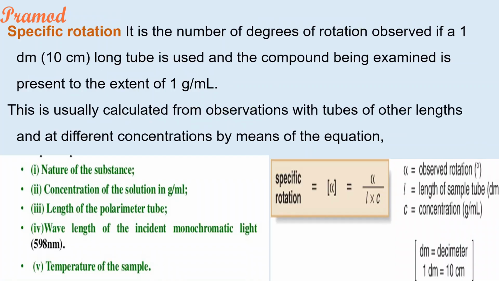Now, what is specific rotation? Alpha is your observed rotation. Now, the definition of specific rotation: it is the number of degrees of rotation, that is alpha, observed if a 1 decimeter, that is 10 centimeter long, tube is used and the compound being examined is present at a concentration of 1 gram per ml.